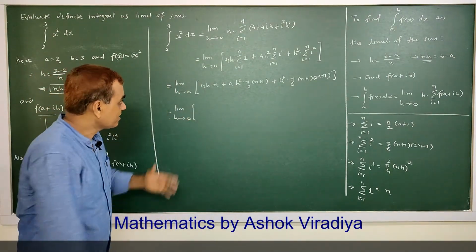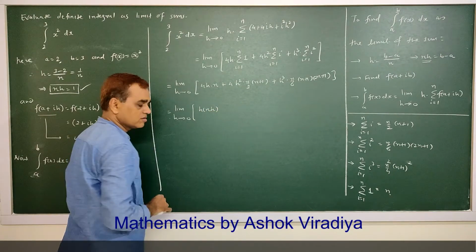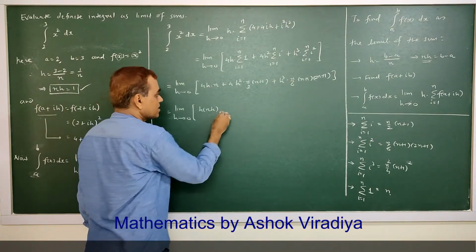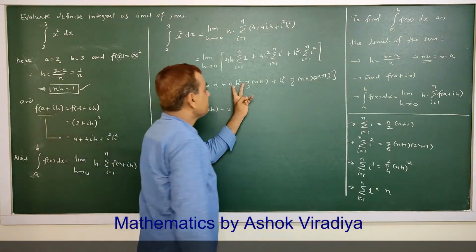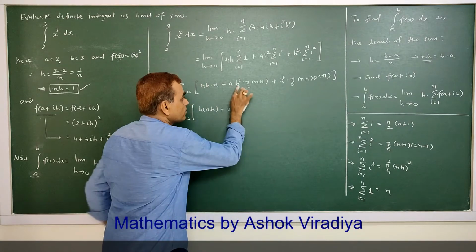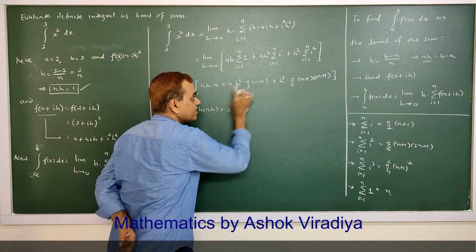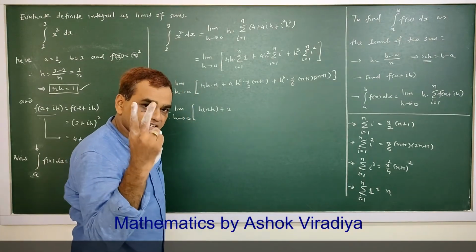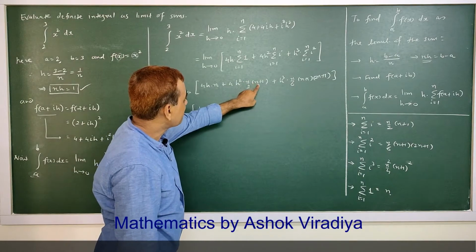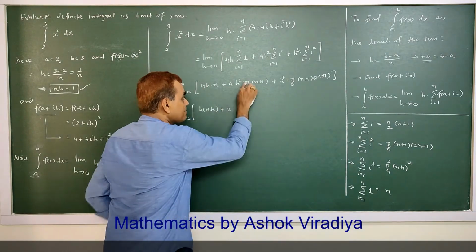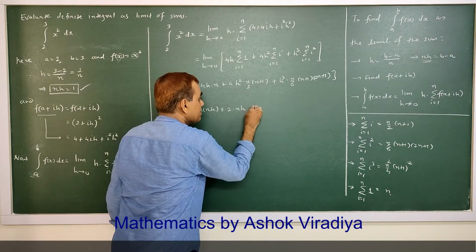So here this is nh, plus 4 by 2 is 2. Here we make pairs of nh. There are 2 h's here, h square, and 2 factors of n, so 1 h I join with the first n, and the second h I multiply in this bracket.